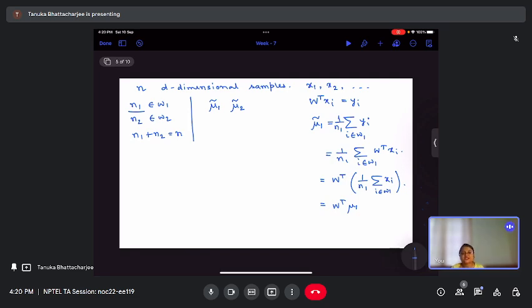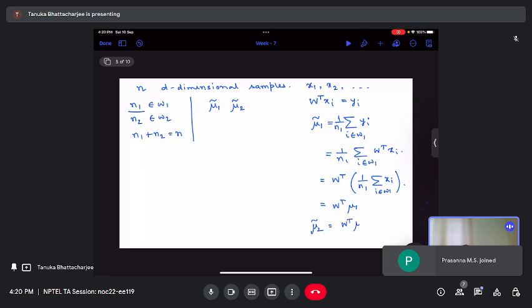If you denote the mean of the projected data points for class omega 2 by mu 2 tilde, then you can write the expression for mu 2 tilde as W transpose mu 2, where mu 2 is the mean of the original d-dimensional data points which belong to class omega 2.